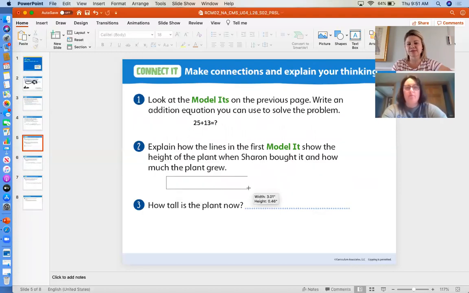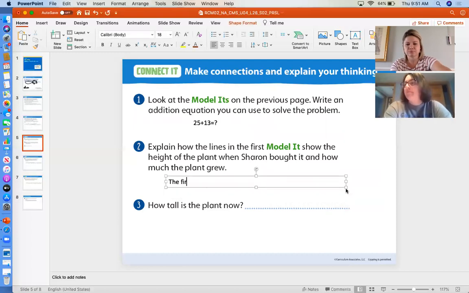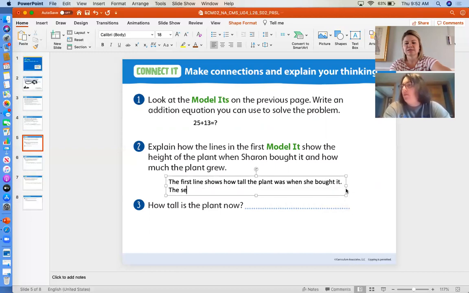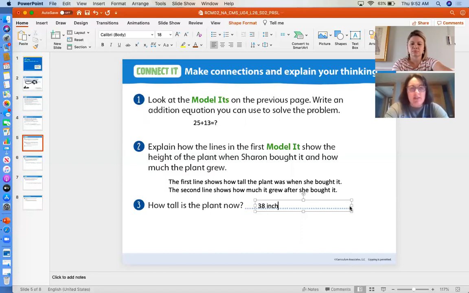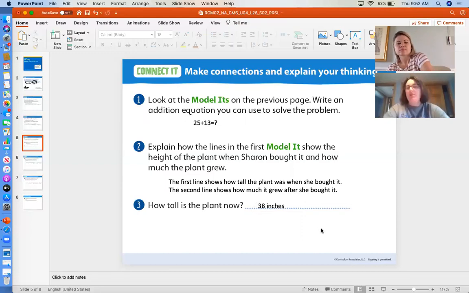So if we just use those same words, the first line shows how tall the plant was when she bought it. The second line shows how much it grew after she bought it. Yep, perfect. And then of course the last one is how tall is the plant now? And we know that our plant was 38 inches because we figured that out on our first strategy. So nice job.